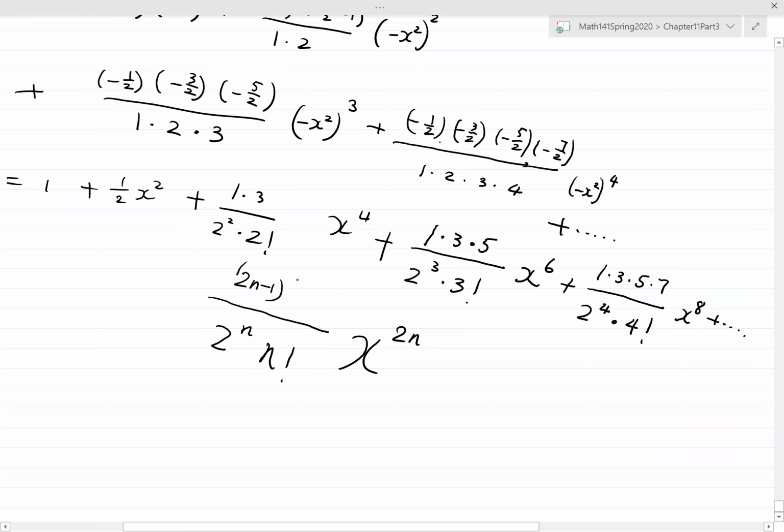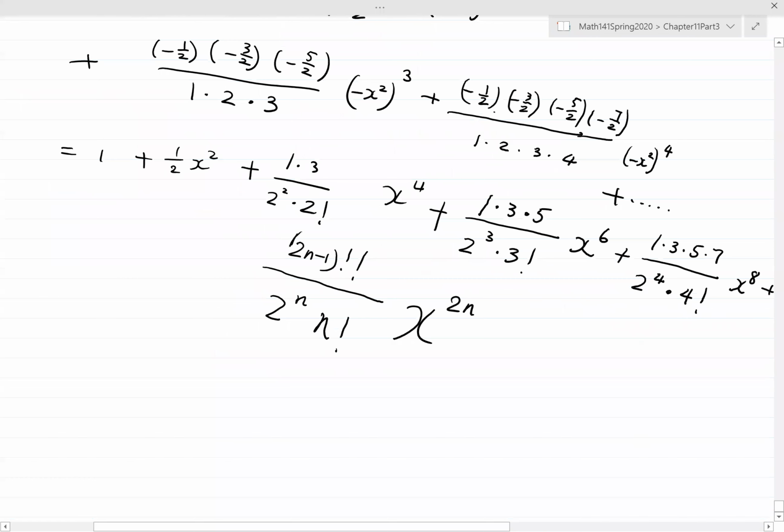Double factorial means the step length is 2. And n goes from 0 to infinity.